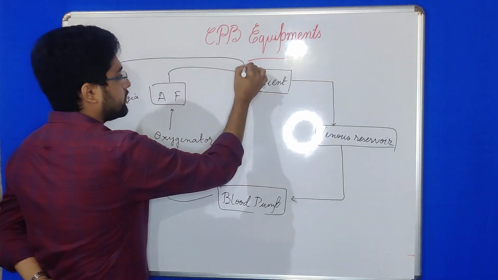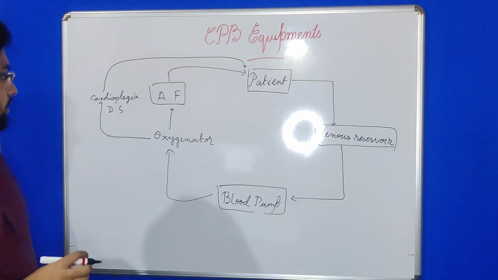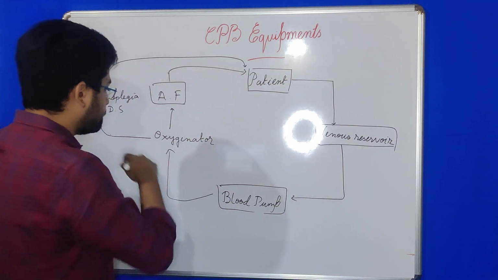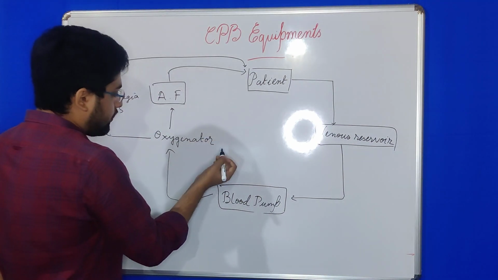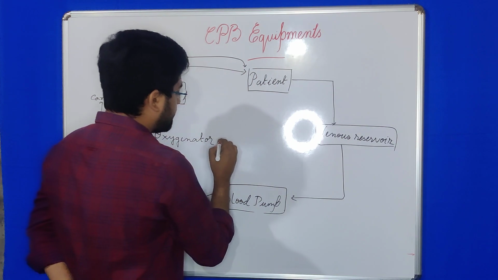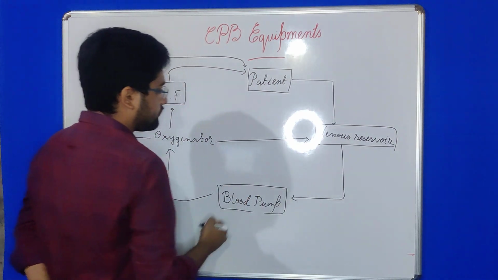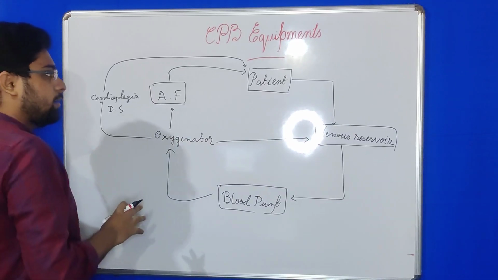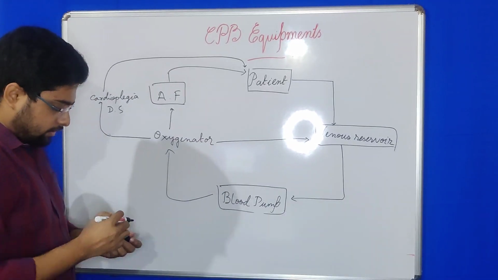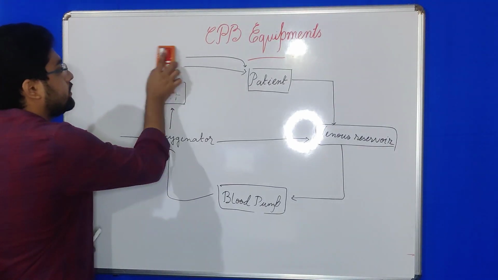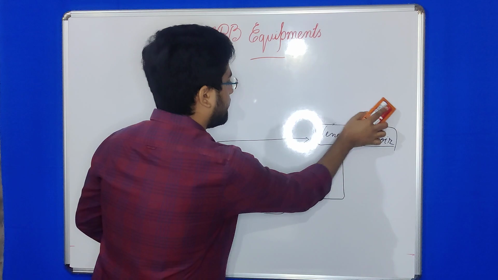It again goes to the patient. There are many more bypass lines, like from the oxygenator, one bypass line goes to the venous reservoir. There are many more; I am not detailing those things. So I am going directly to the blood pump.